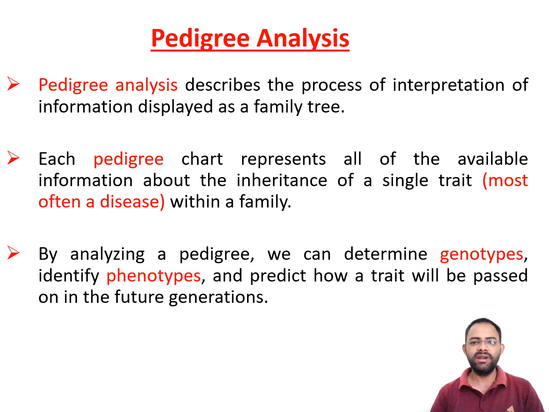By analyzing a pedigree, we can determine genotypes, identify phenotypes, and predict how a trait will be passed on in future generations. Therefore, pedigree analysis is an important tool in both basic research and genetic counseling. The information from a pedigree makes it possible to determine how certain alleles are inherited, whether they are dominant, recessive, autosomal, or sex-linked.